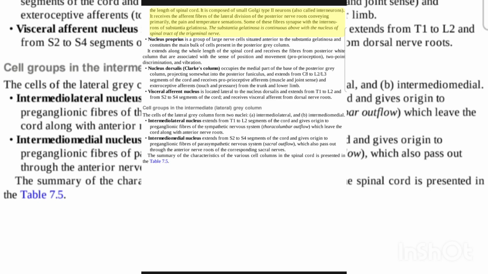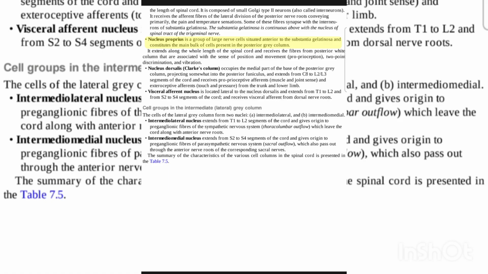It is composed of small Golgi type 2 neurons, also called interneurons. It receives the afferent fibers of the lateral division of the posterior nerve roots, conveying primarily pain and temperature sensations. Some of these fibers synapse with the interneurons of substantia gelatinosa. The substantia gelatinosa is continuous above with the nucleus of the spinal tract of the trigeminal nerve.